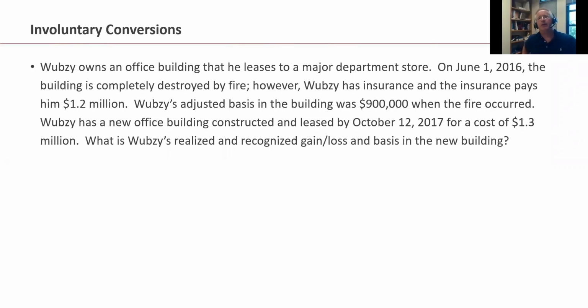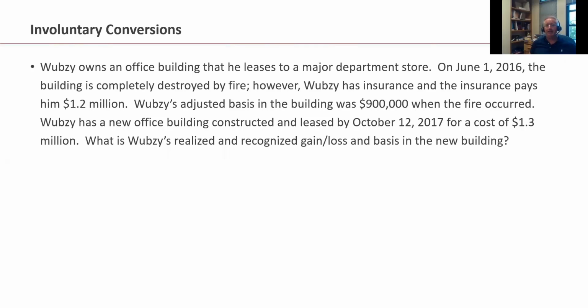First I want to think about Wubzy's situation. A conversion, if you go back to our list, is a realization event. A realization event means amount realized minus adjusted basis equals realized gain or loss. So if I look at this problem and see that I have a conversion, I'd ask, what's the amount realized? The insurance company paid him $1.2 million.